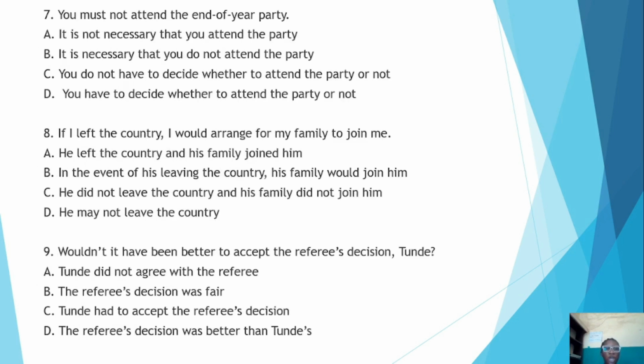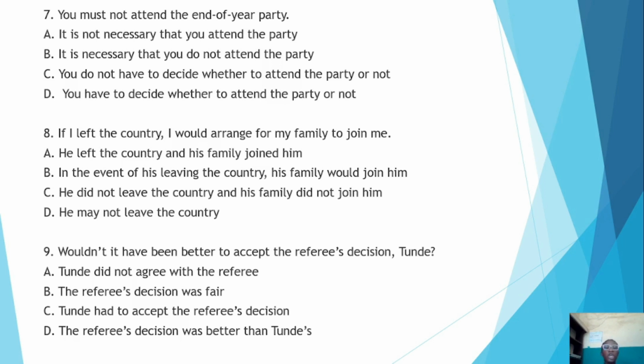Question 7. You must not attend the end of year party. Let's look at the options. Option A. It is not necessary that you attend the party. Option B. It is necessary that you do not attend the party. Option C. You do not have to decide whether to attend the party or not.